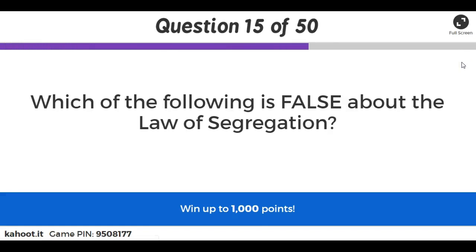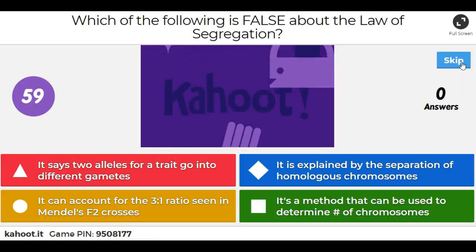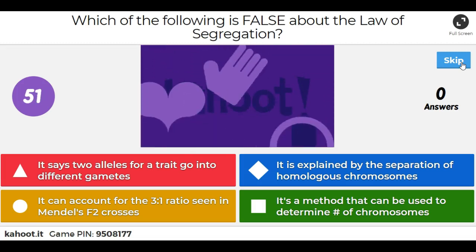Which of the following is false about the law of segregation? You have an entire minute to figure this one out. Please read them carefully.